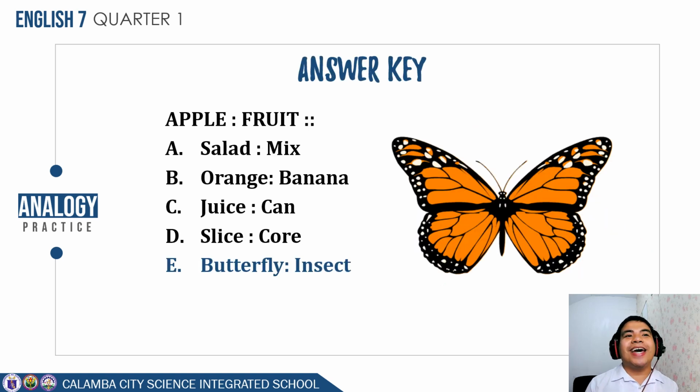Now, let's check your answer. Apple is to fruit. Of course, as we all know, this means apple is a kind of fruit. Therefore, we have butterfly is to insect. Did you get it right? Wow.